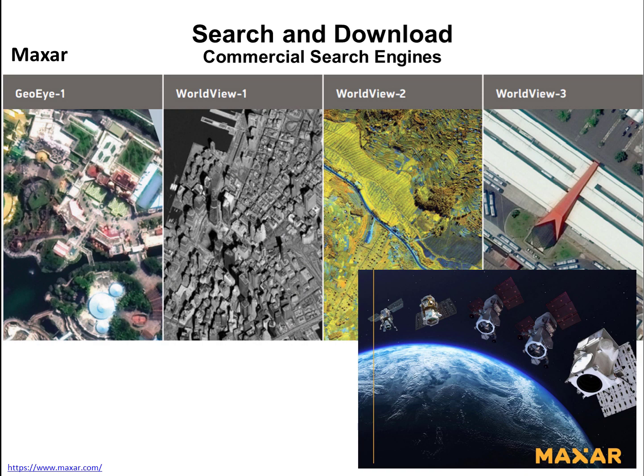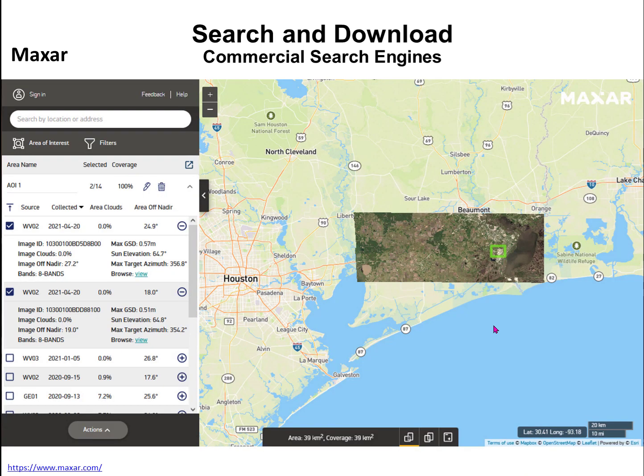It's the only one in the world that does that. And the size of these satellites, they're the size of school buses, so they're very high end. And like I'm doing a search now in Port Arthur, and you can see the kind of information you get. It's Worldview 2. It's got 8 bands. There's no clouds. Pixel size is 57 centimeters.